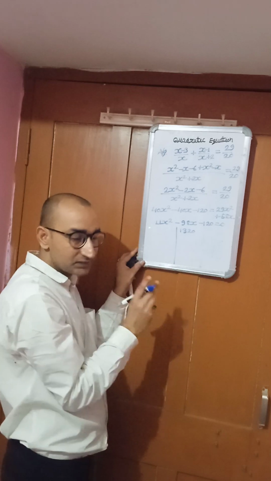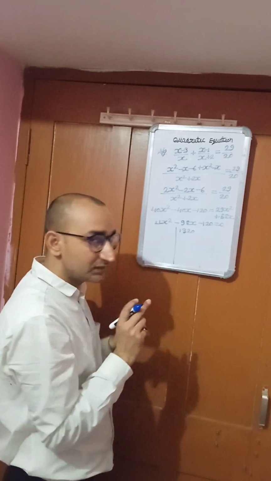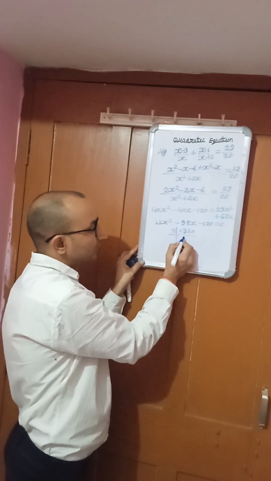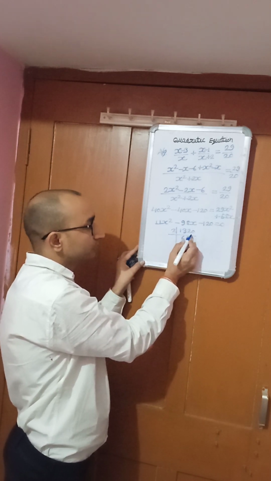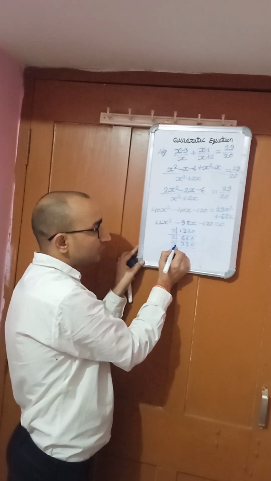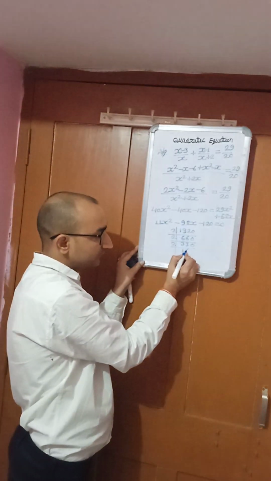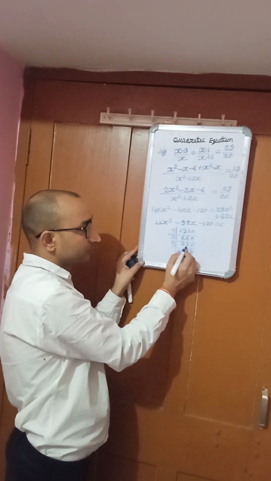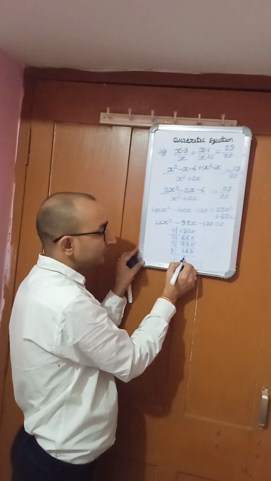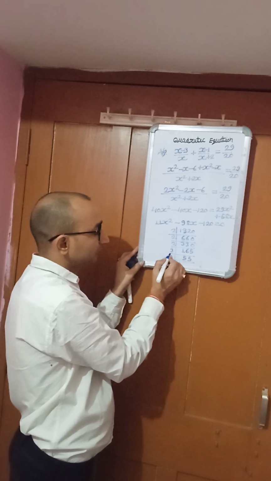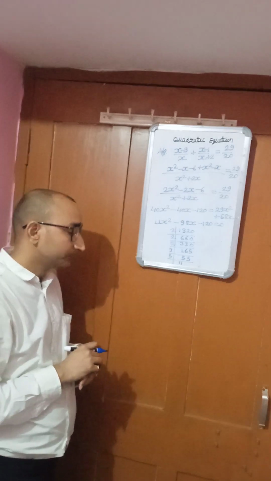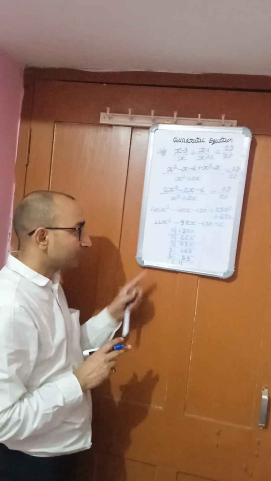I have to break the middle term into two parts. 1320 factors as 2 into 6, 3, 0... that is 2 cubed times 3 times 5 times 11. Then I have to pair these factors to break this into two parts.